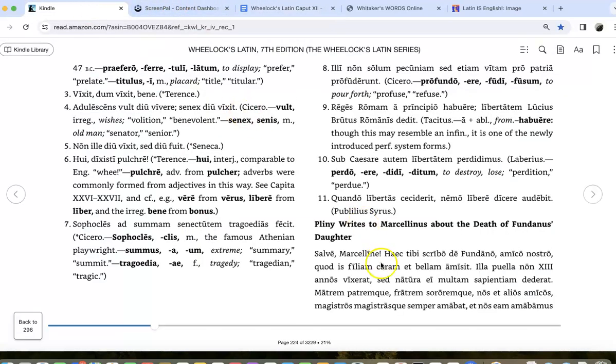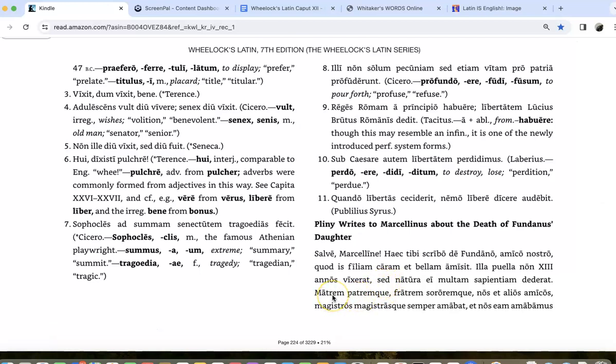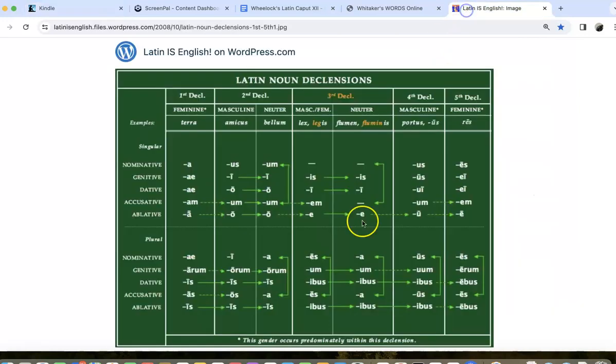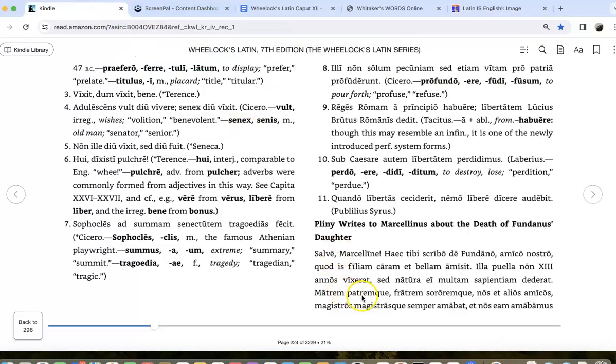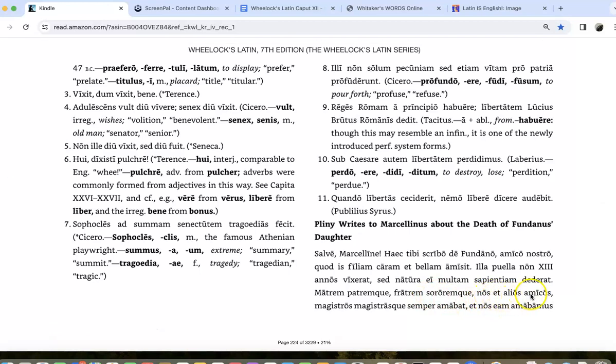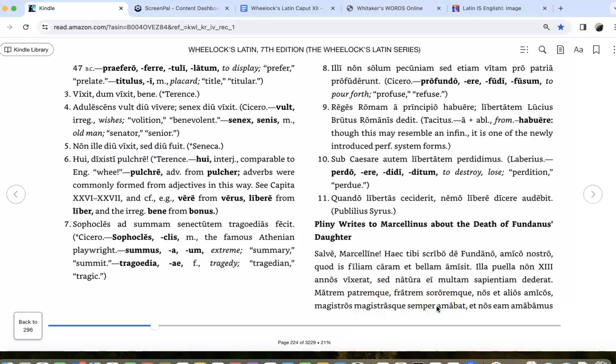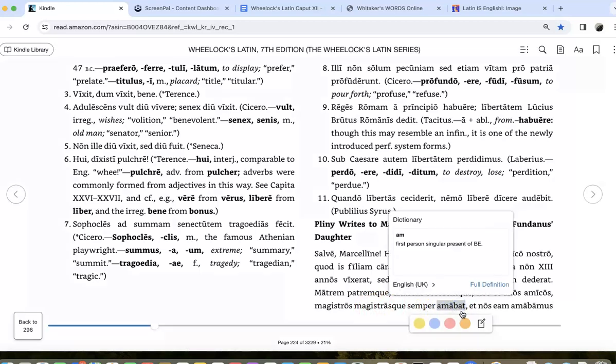Let's take a look at how it continues. Now here, matrem, patrem both end in -em, so we need to be able to recognize those as the direct object. So keep that in mind. Mother, father, brother, sister, we and other friends, her teachers, always loving. So our subject and verb is all the way at the end here.